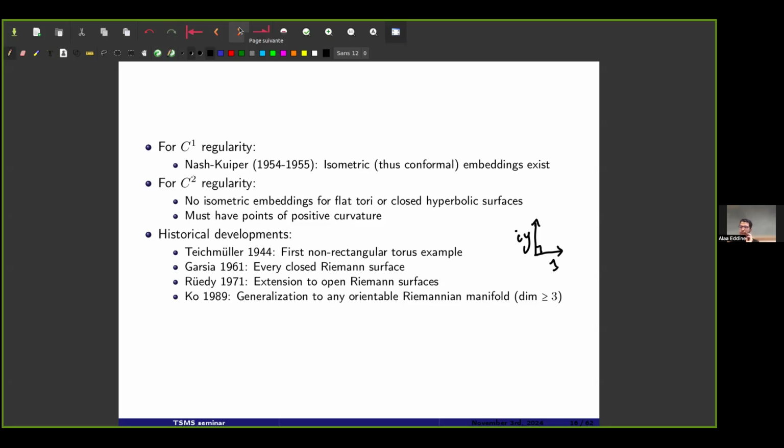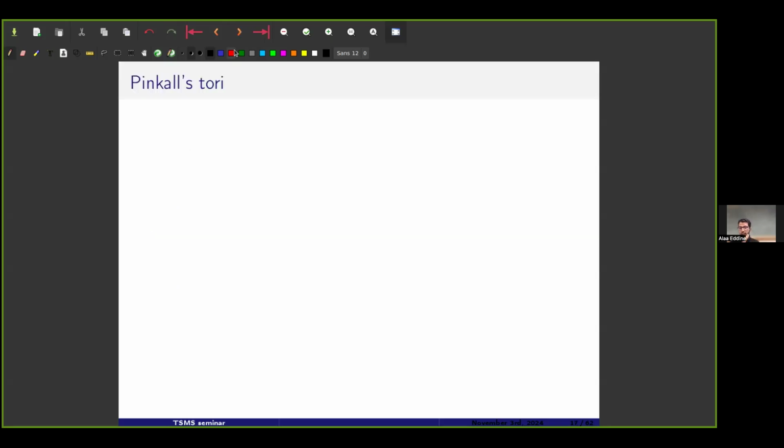But in the genus one case, Pinkel found a recipe to find explicit embeddings for all elliptic curves, for all complex tori. Okay, so what is the recipe? You take a closed curve in the sphere, S2, and now you take its inverse image in S3 by the Hopf fibration. So let me recall that.